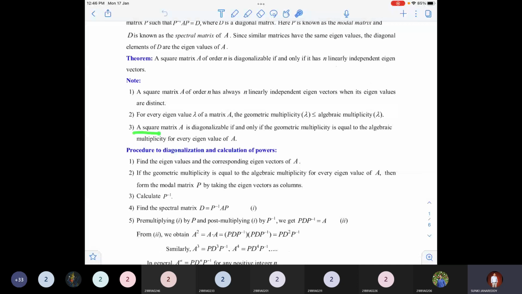Next, a square matrix A is diagonalizable if and only if the geometric multiplicity is equal to the algebraic multiplicity.